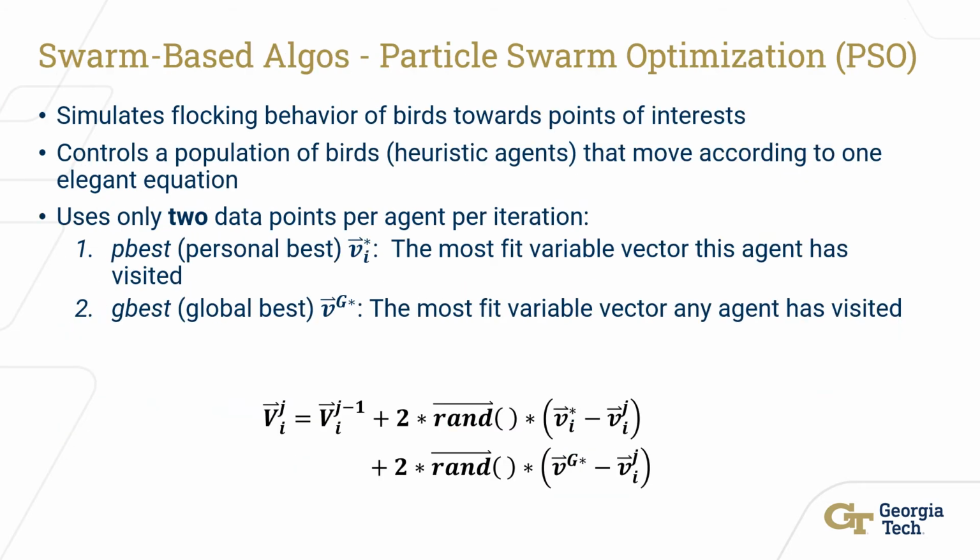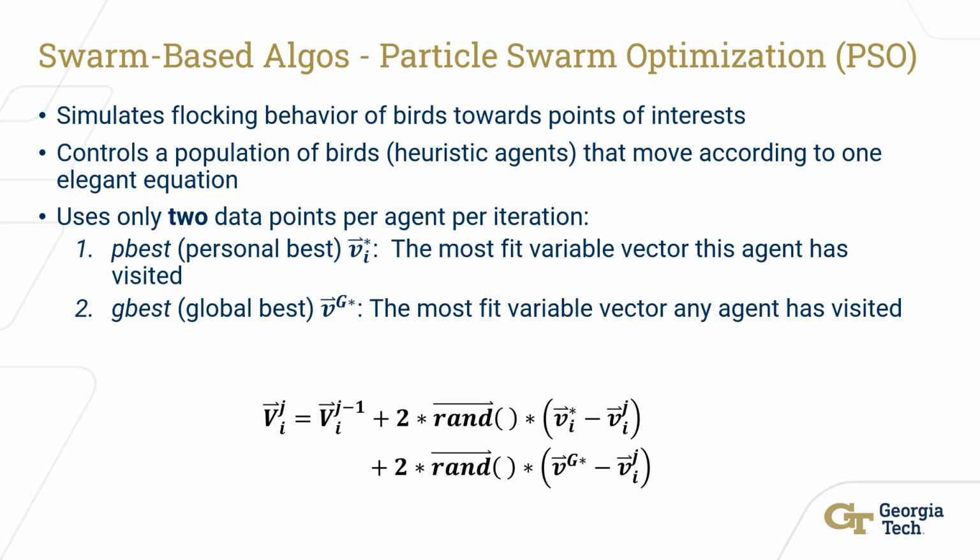Now entering into the swarm-based category, we will begin by discussing the flagship particle swarm optimization algorithm. This algorithm simulates the flocking behavior of birds towards points of interest. Each heuristic agent, or bird, moves in the function space according to one elegant equation. This equation leverages only two data points. The first, pbest, or v star, is the most fit variable vector that agent I has personally visited.